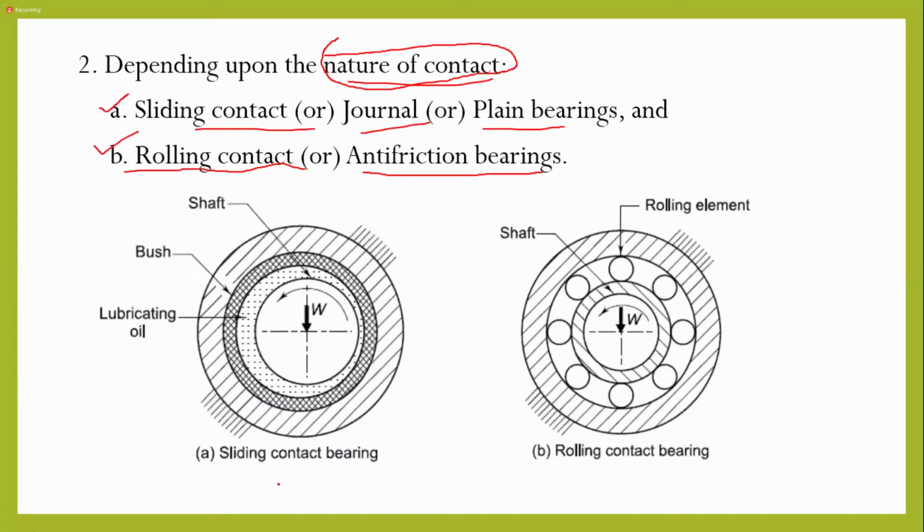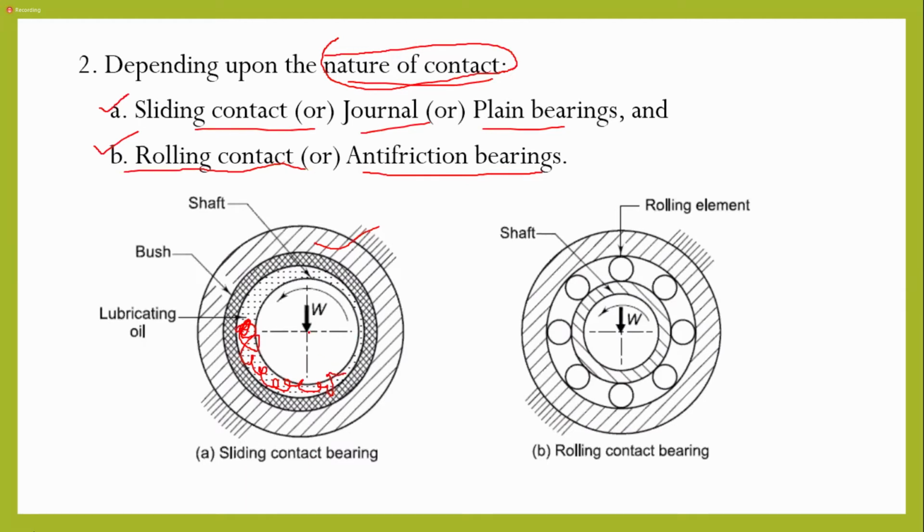So what is the sliding contact bearing? This is the sliding contact bearing, wherein we have the outer shell, in which there will be a shaft, and the lubricating oil is present in between the shaft and the bearing shell. So this will slide.